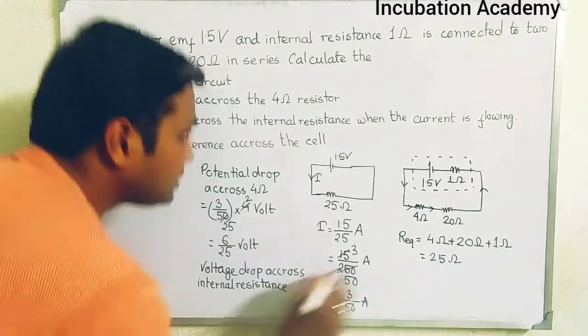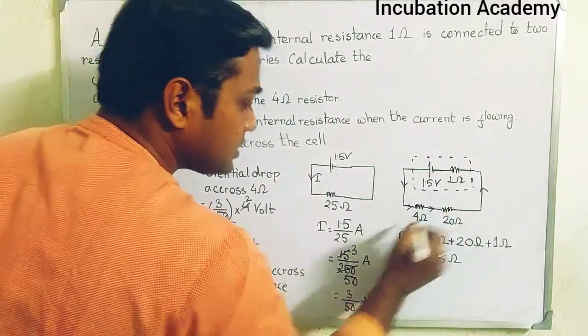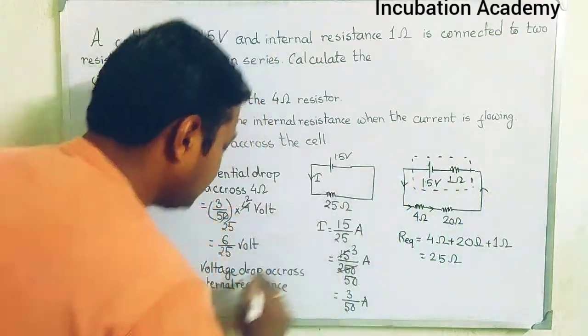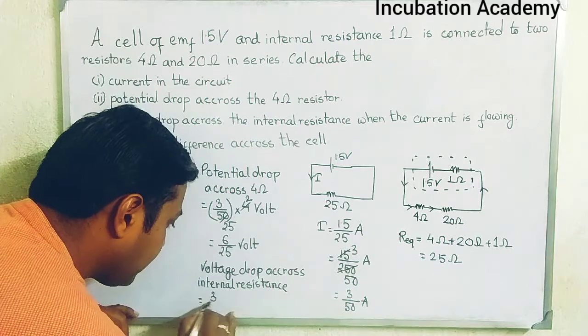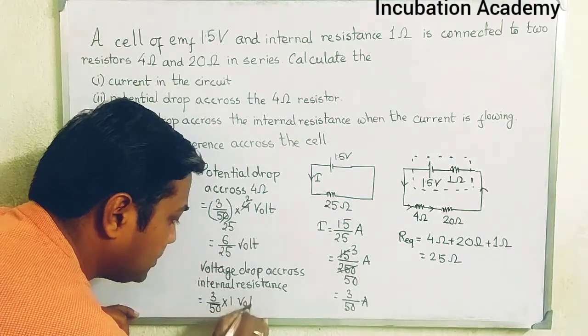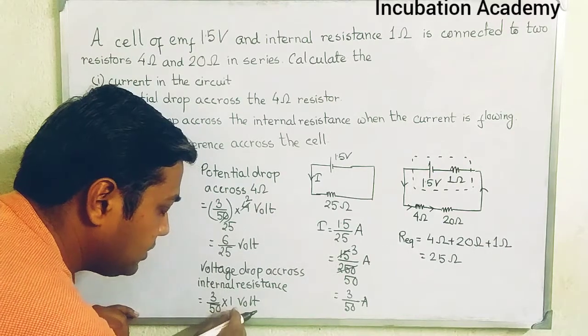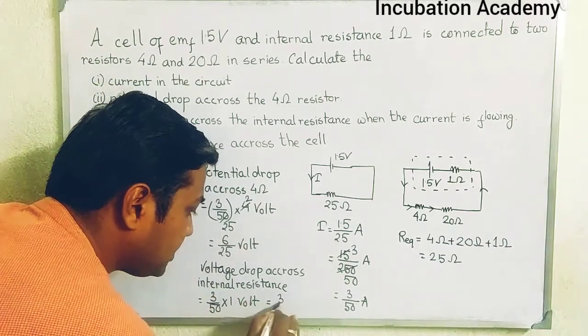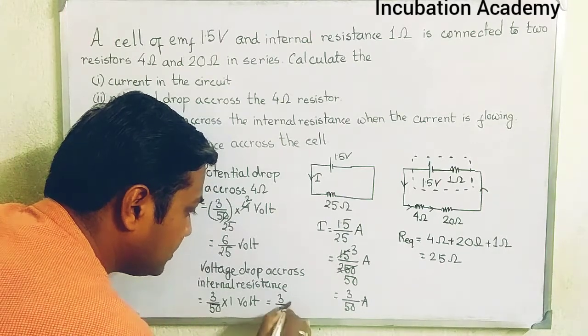Internal resistance is 1 ohm. This 3 by 50 current is flowing through this 1 ohm. So we can say 3 divided by 50 into 1 volt. Current into resistance equals the voltage drop. So that will be 3 by 50 volt.